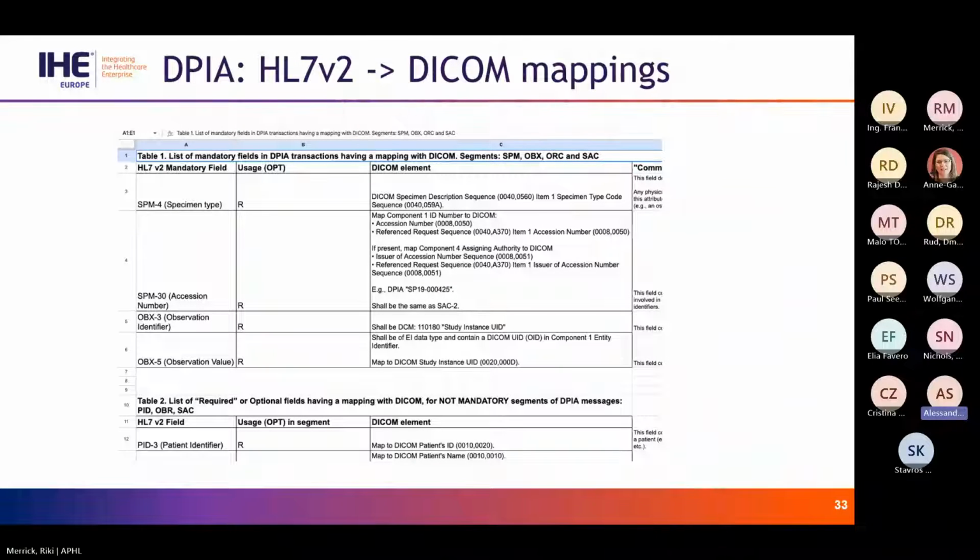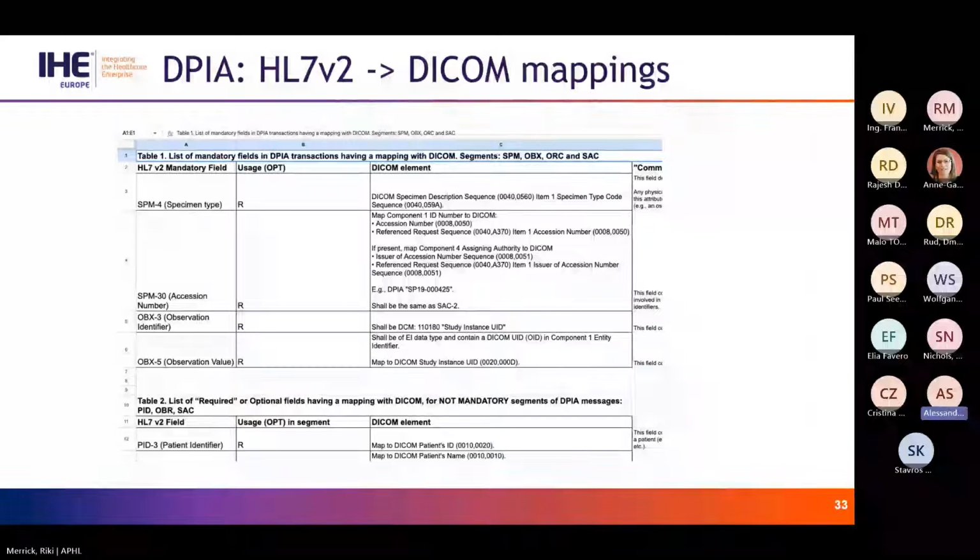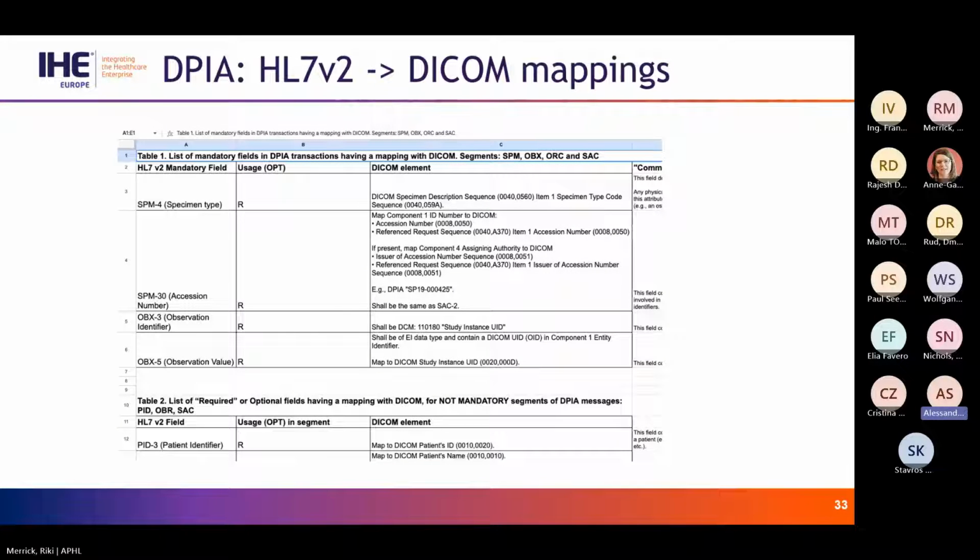And last but not least, another important aspect of testing and of evaluation of DPIA profiles at the connectathon are the DICOM mappings. So what does it mean? It means that as the first part of the profile involves HL7 version 2 transactions, and the final part that involves image archives involves DICOM transactions, we have to be sure that the mapping between HL7 version 2 fields and DICOM fields is as complete as we can.